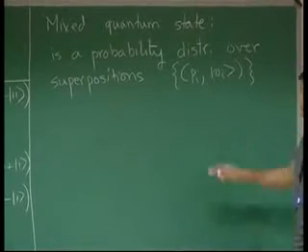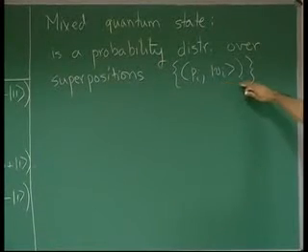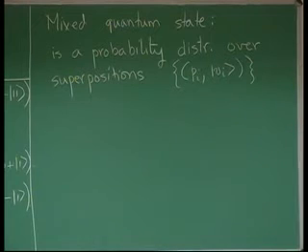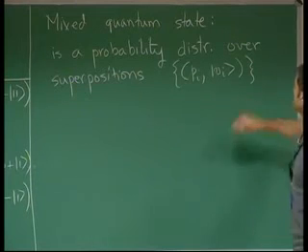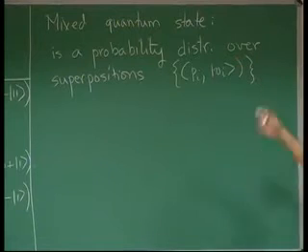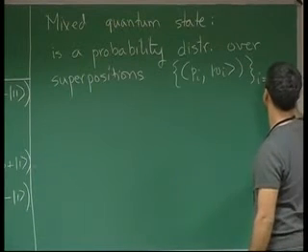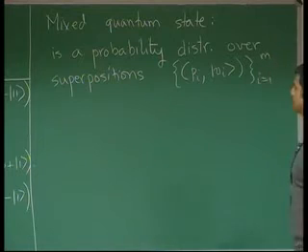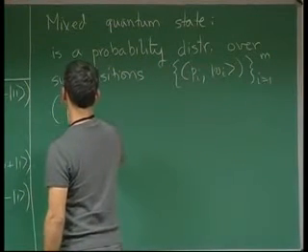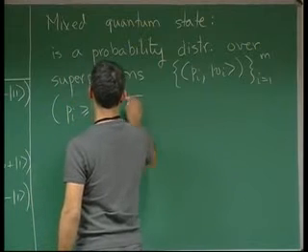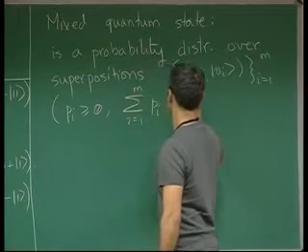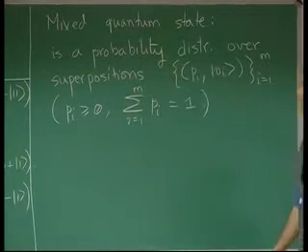For simplicity, I'll work only with finite probability distributions, but in general, you need not restrict yourself to those. So this index set i will go from 1 to m for some m. Here the p_i are greater than or equal to 0 and sum up to 1.